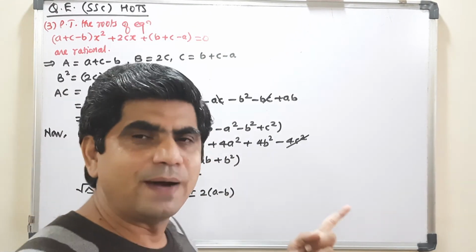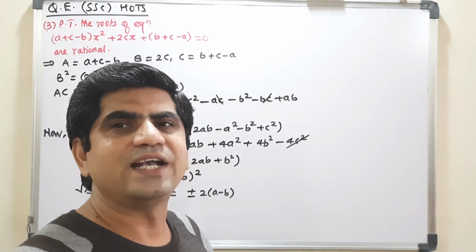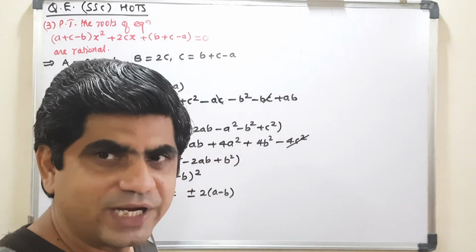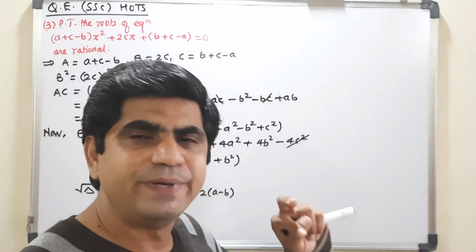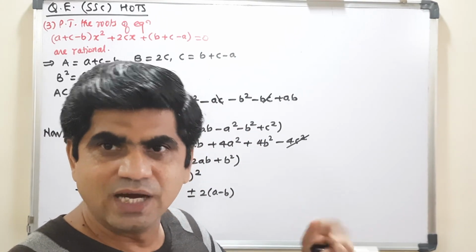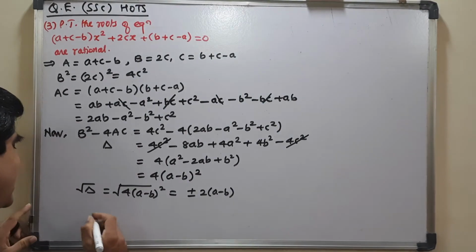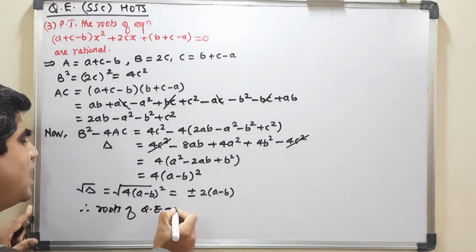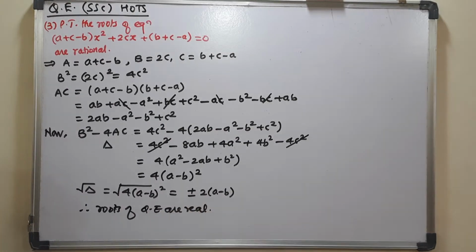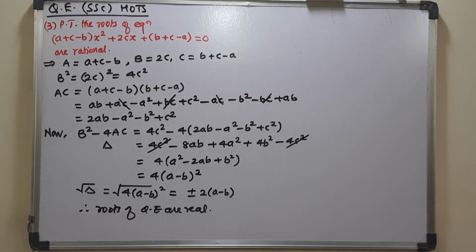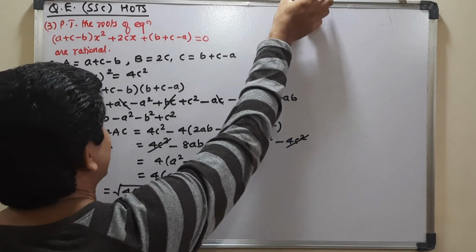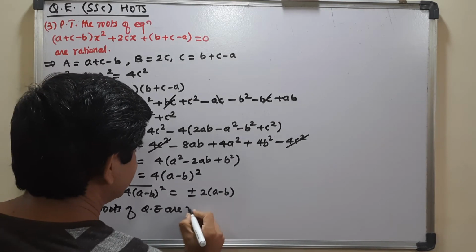Since it does not comprise a radical sign, the answer that you get will be a rational number. That means if I want to show rational roots, I have to take care that B square minus 4AC becomes a perfect square. So therefore, I will say here, the roots of this quadratic equation are, sorry, not real, it is rational, are rational.